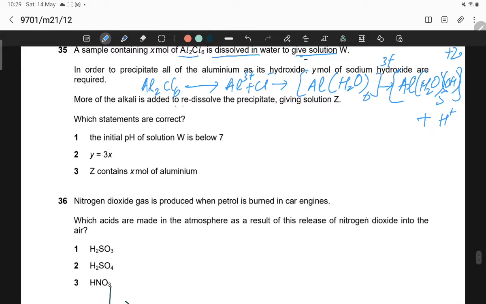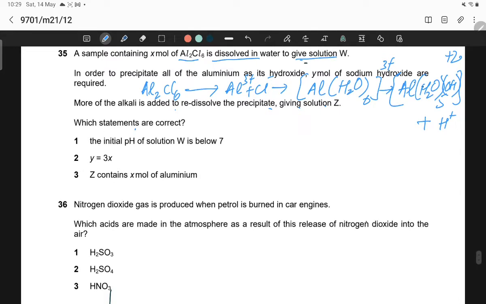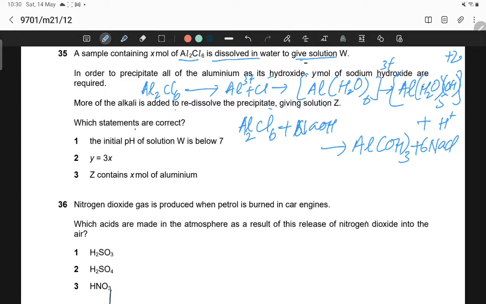More of the alkali is added to redissolve the precipitate, giving solution Z. Which statements are correct? So excess redissolves. Al2Cl6 plus sodium hydroxide forms Al(OH)3 plus sodium chloride, 6 and 2 aluminium.